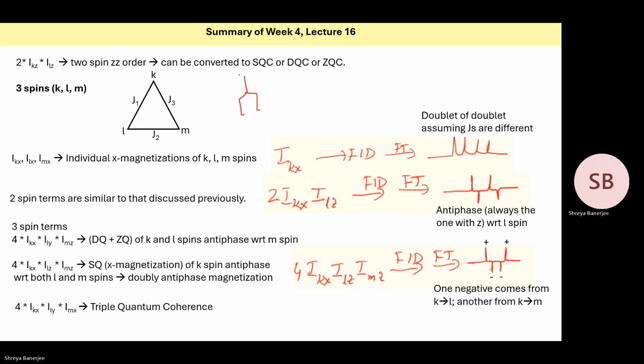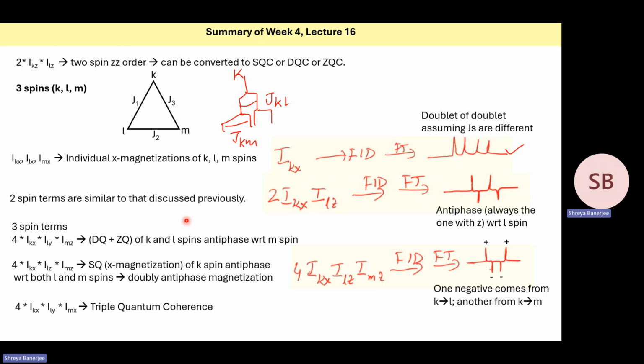K will first be split by L, so this one is JKL. And then each of these will further be split by JKM. So you will have a doublet of a doublet. That is what is shown here.